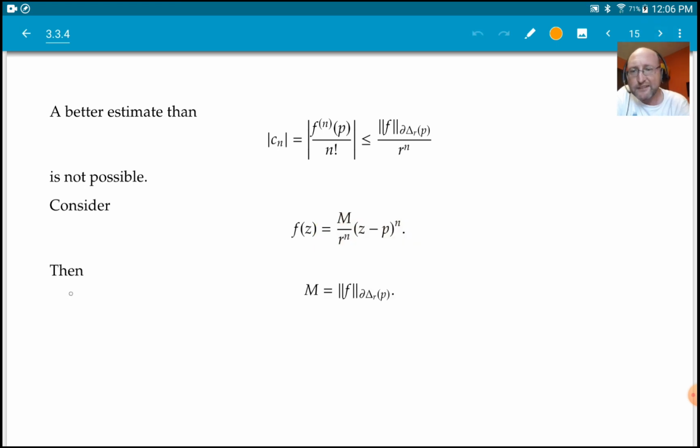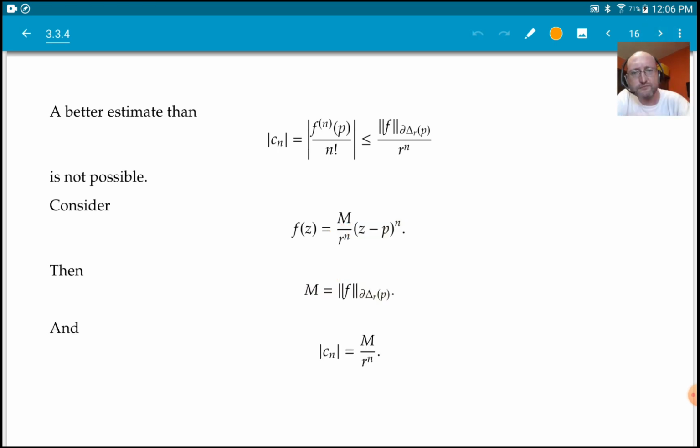And what you have is that if I take the modulus here and look on the circle of radius r, this just becomes r to the n. That cancels out the r to the n, and I get M. We're supposing M is some positive number.